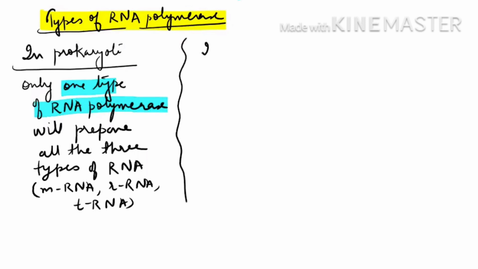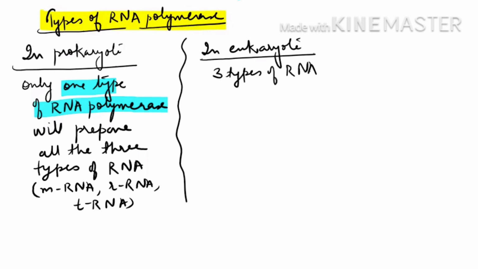Now see, whereas in case of eukaryote, we require three types of RNA polymerase. So three types of RNA polymerase are required. I'm writing in short RNA polymerase. P means polymerase. Three types of RNA polymerase are required to prepare three types of RNA.